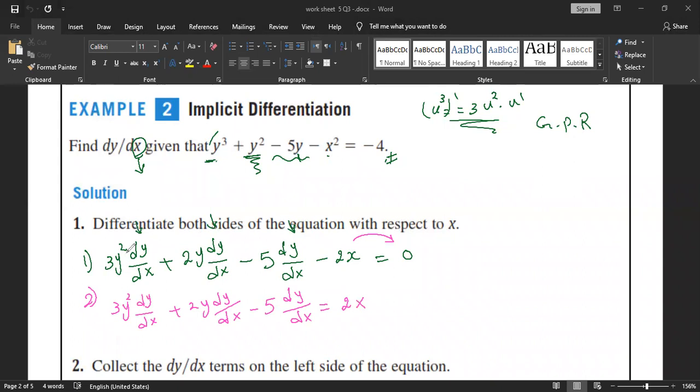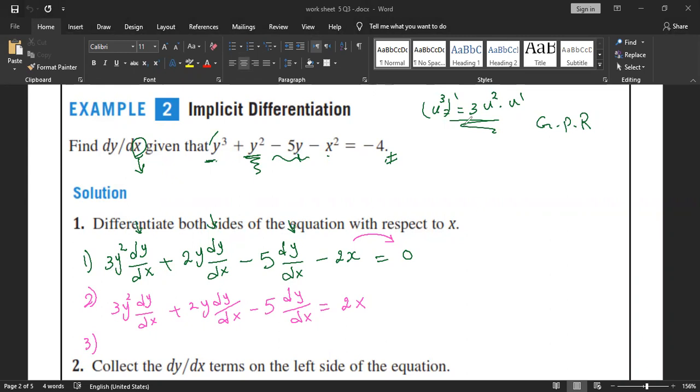The first step, differentiate. Don't forget if they agree or disagree, the variable of the function and the variable that we find the derivative with respect to.